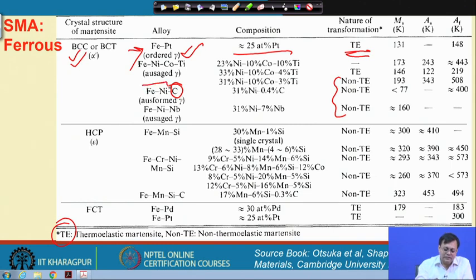The iron nickel system is also very well known for showing some shape memory behavior, even though the extent is not very large.